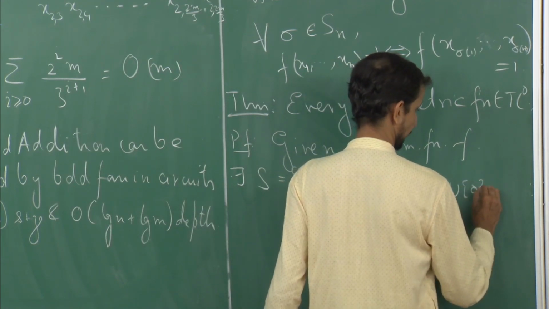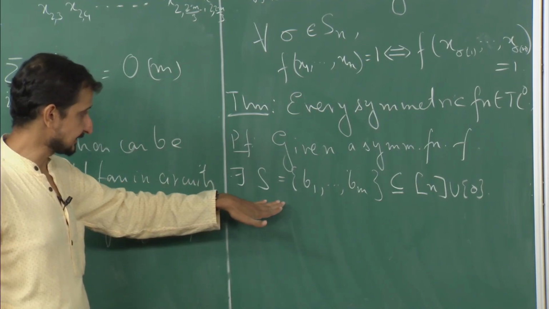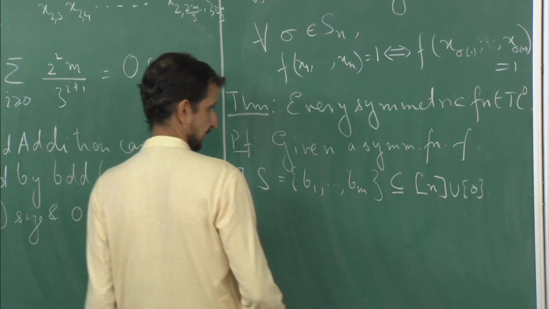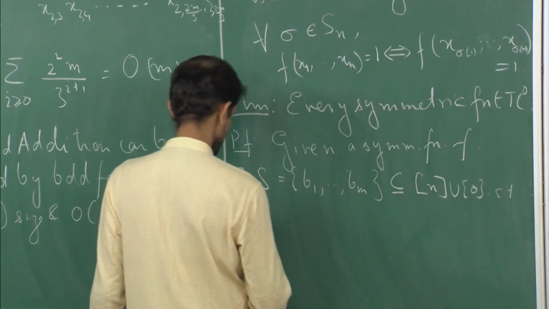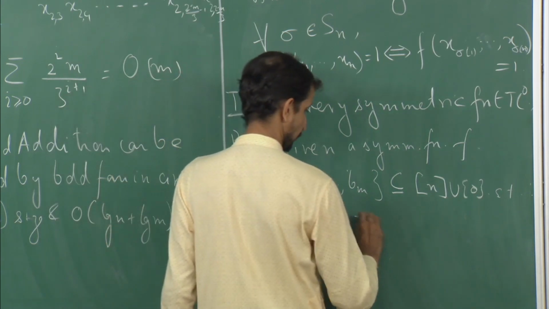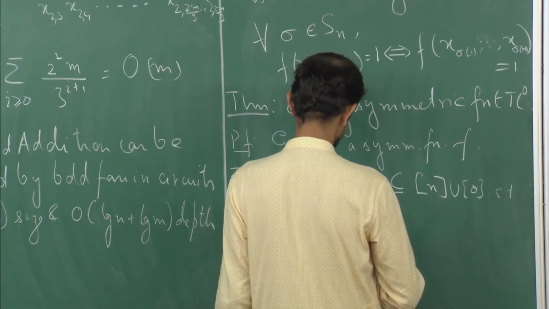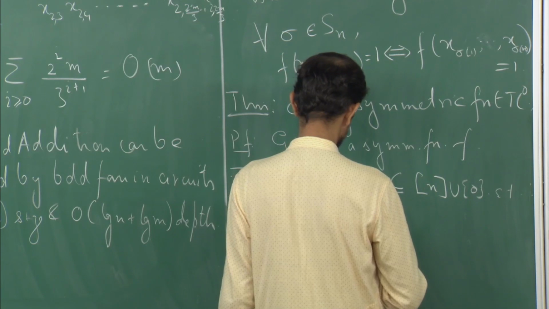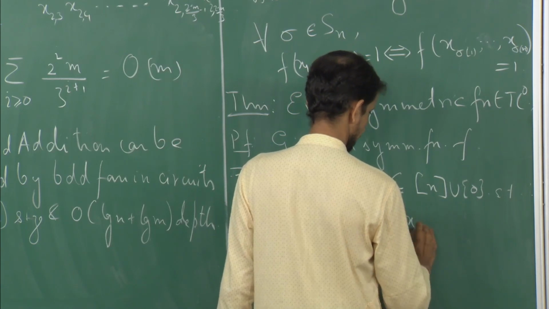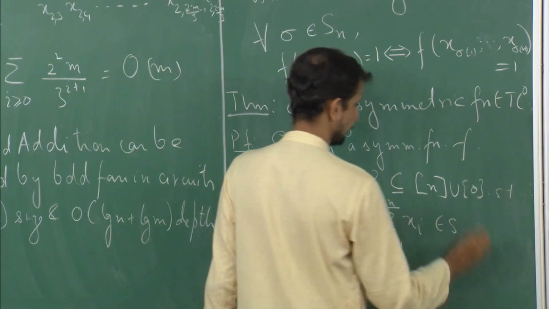I need 0 to be here as well. So there exists a set B1 to Bm, a subset of this, such that f(x1, ..., xn) = 1 if and only if sigma xi, i going from 1 to n, belongs to S.